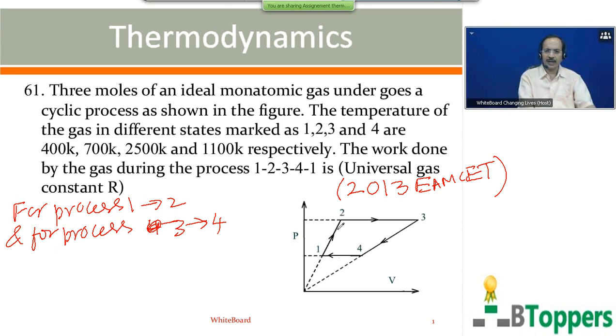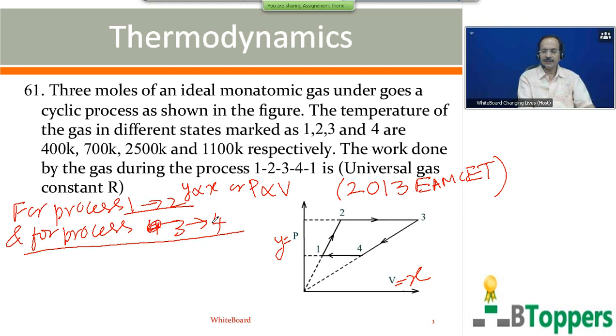In the process 1 to 2, the graph is a straight line passing through the origin. A straight line passing through the origin can be written in the form y proportional to x, or P proportional to V. The same relation applies even for process 3 to 4.